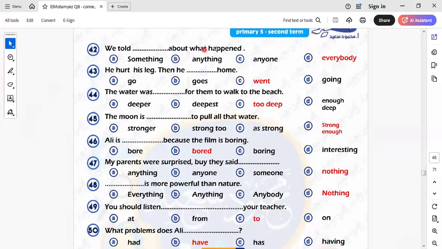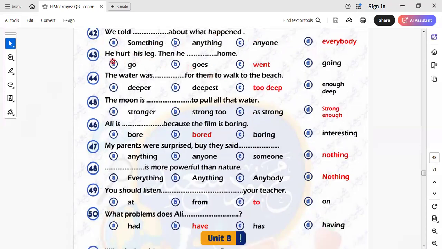We told everybody about what happened. He hurt his leg, then he went home. The water was too deep. The moon is strong enough. This is the answer of this sentence.